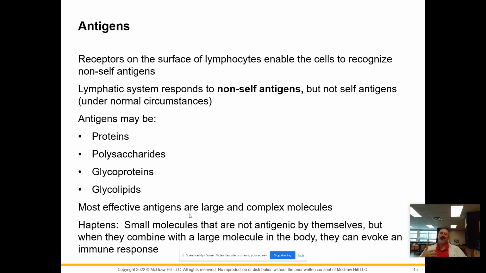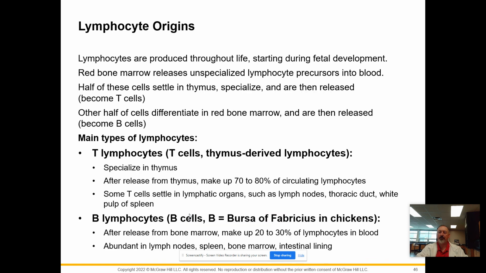Haptens are something that's antigen-like. They're small molecules that are not exactly antigenic, but they're going to have larger things that combine with them that can then develop an immune response. We'll see haptens in specialized cases, but that's not going to be the focus of where we are today.